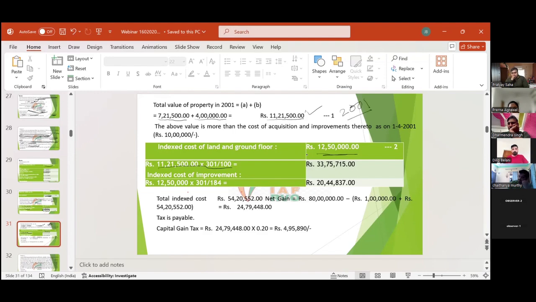This was done in 2011. So here the indexation is to be done as per 2011. You will apply indexation separately to both of these and calculate the total indexed cost, which comes out to be 54,20,550.